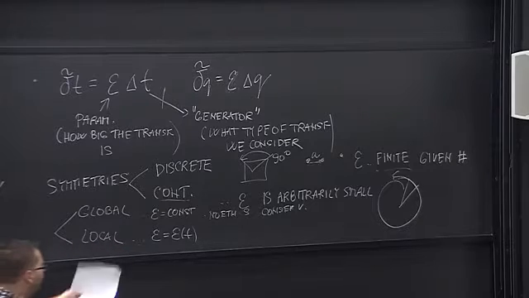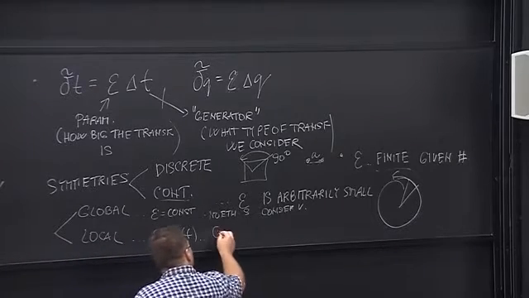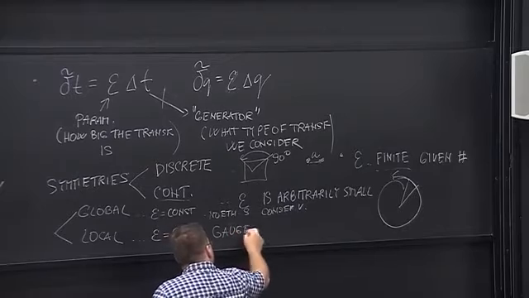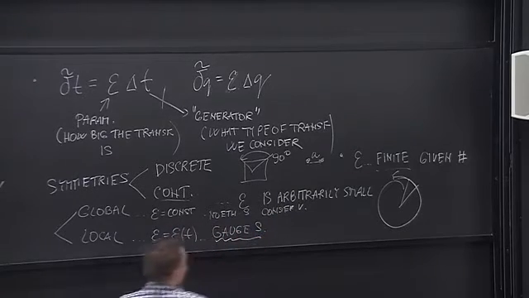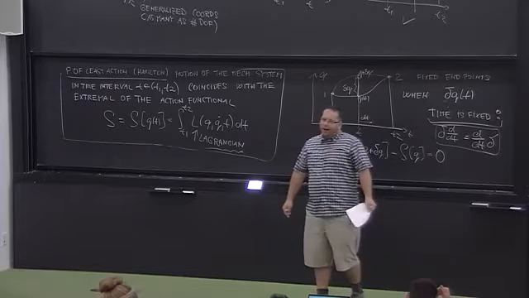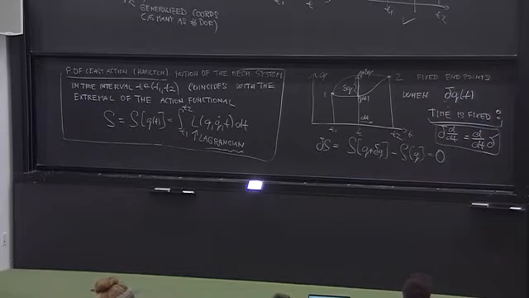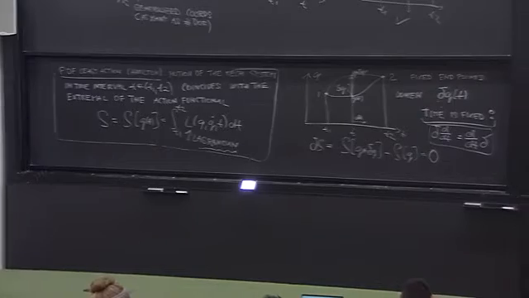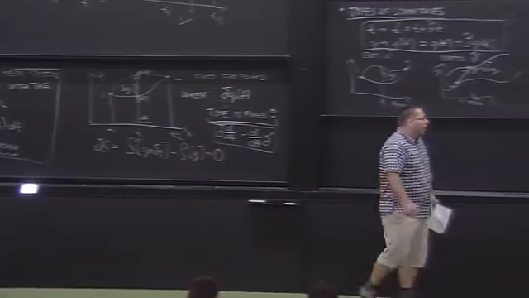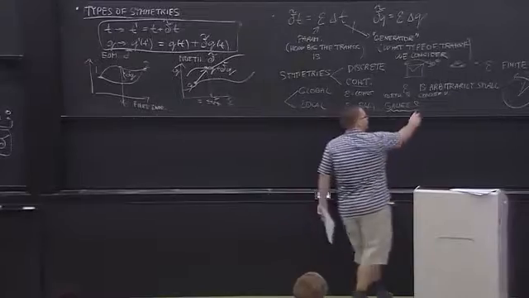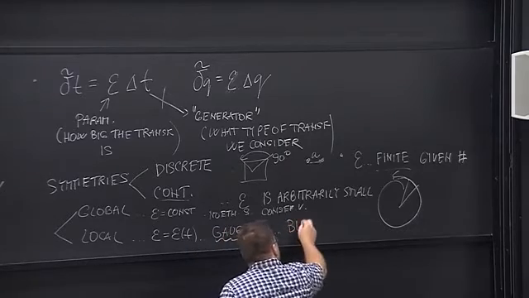If you have a local symmetry, a gauge symmetry as it's sometimes called, then there is another Noether's theorem, which is not the one I stated here, and it doesn't give you conserved charges, but it gives you the Bianchi identities. It gives you some restrictions on the equations of motion, something which is valid irrespective of the equations of motion.